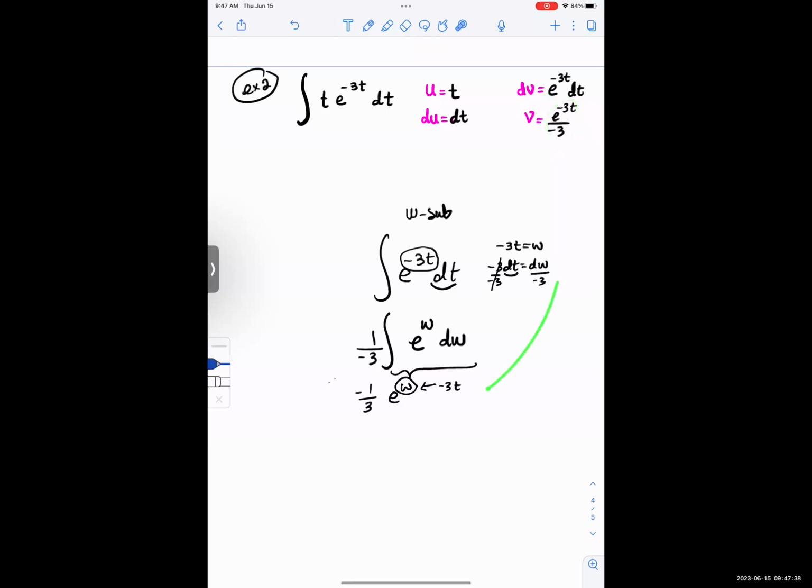Maybe from the beginning, you didn't need to do this. In your head, you can say, what should this be so that if I take its derivative, I get e to the power negative 3t? Then I have to divide by negative 3 as well, because the derivative will have a negative 3 in front. So they cancel and I have the original. Okay.